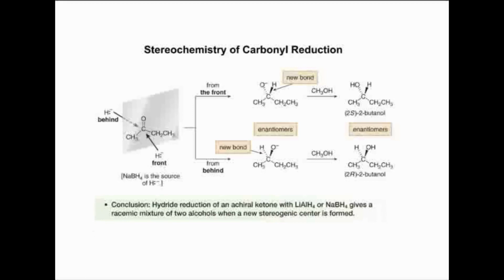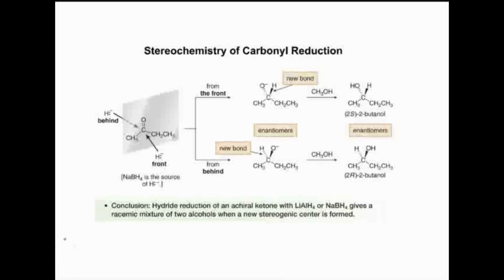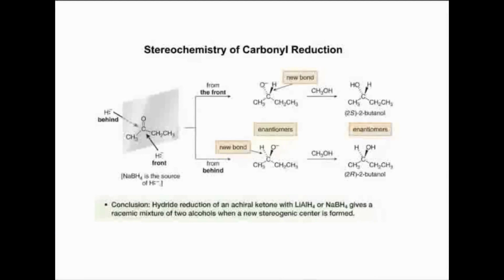So there is a carbonyl group. What happens? Hydride can either attack from the front side or from the back. If it attacks from the front side, hydrogen will be in the wedge, and the O will be pushed to the back. Then this will be pushed to the back of the screen, and it carries a minus charge. If it picks up a proton from the medium, it will get OH, so the OH group is at the back.